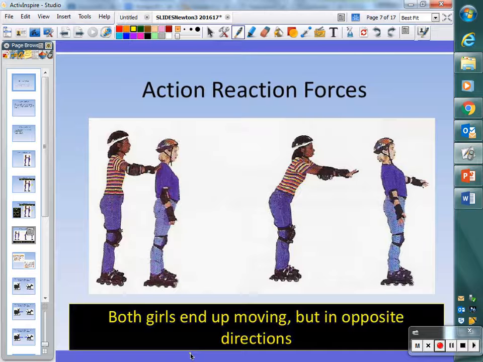No. The start of them moving we call acceleration. But Newton's second law tells us what about acceleration? It depends on mass as well as force. So they both experience the same force, but that doesn't necessarily mean they move the same amount, because we have to factor in the mass too. So remember that for a little bit later on.